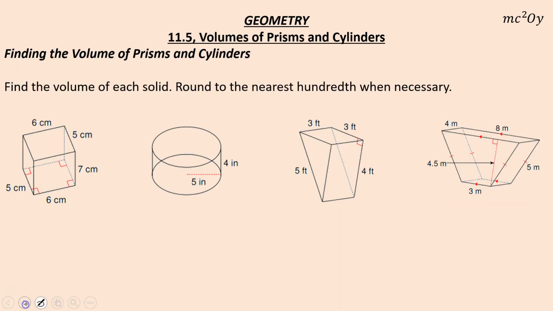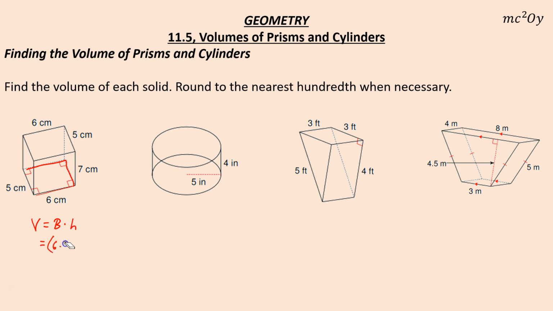Okay, well let's actually try to apply this here. Find the volume of each solid and round our answer to the nearest hundredth when necessary. So I look at this and it's a rectangular prism. Any of the faces could be a base because that's true in a rectangular prism. But I'm just going to use the bottom, what it looks like it's sitting on, as my base. So volume equals area of the base times the height. The base is a rectangle, so the area of the base is going to be 6 times 5.